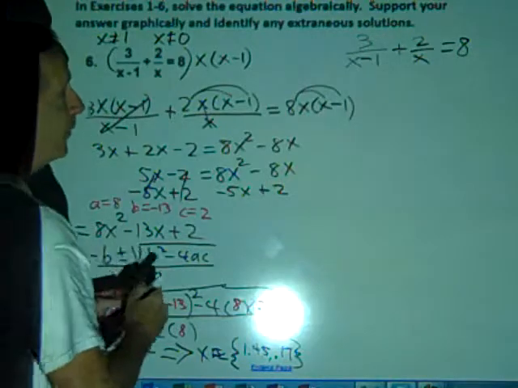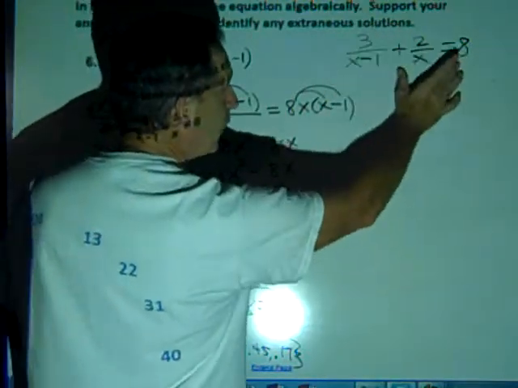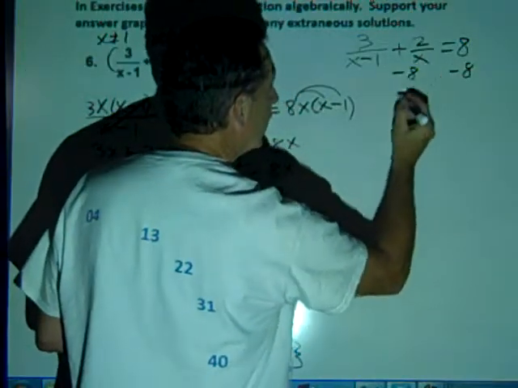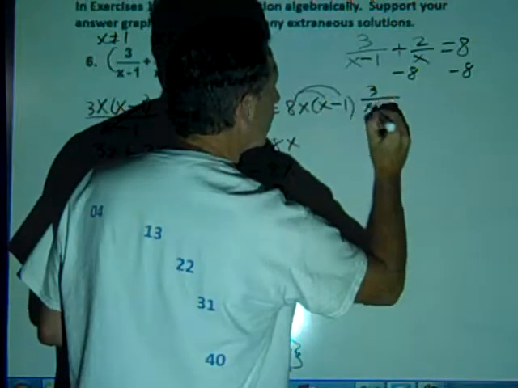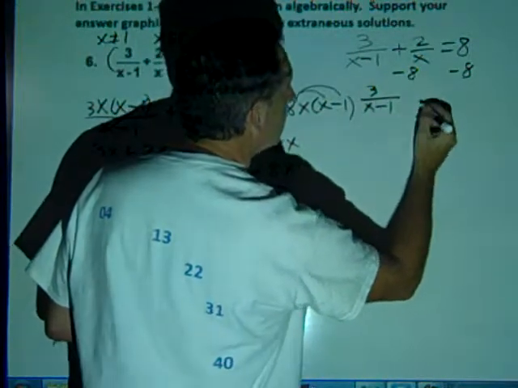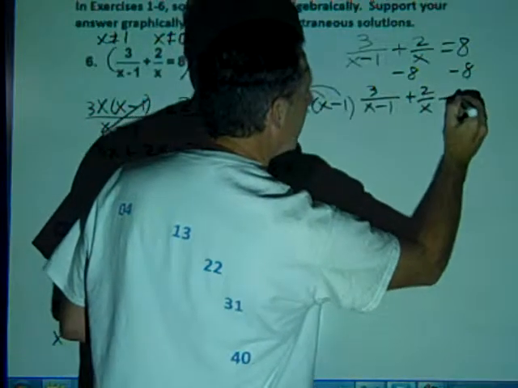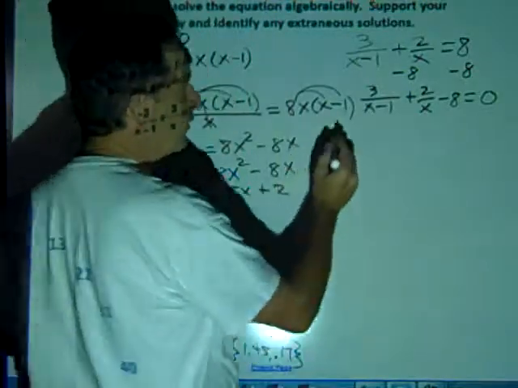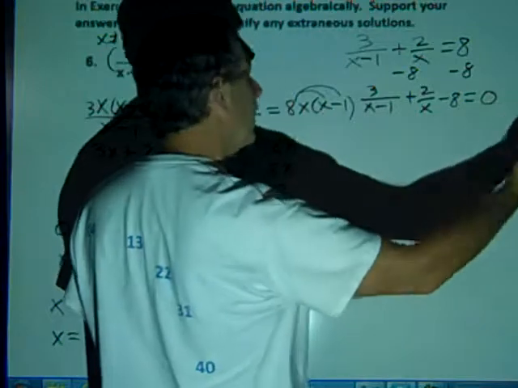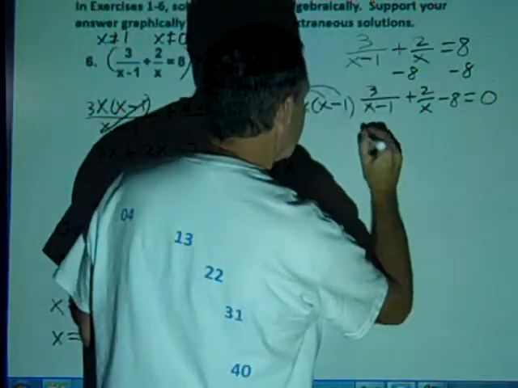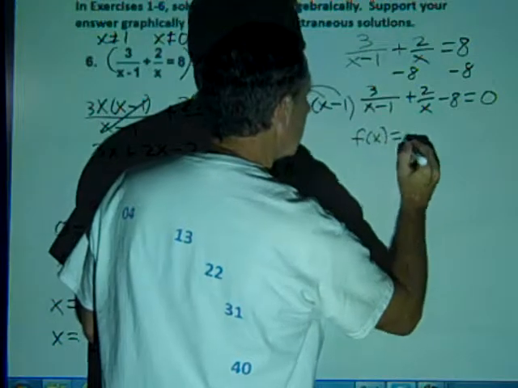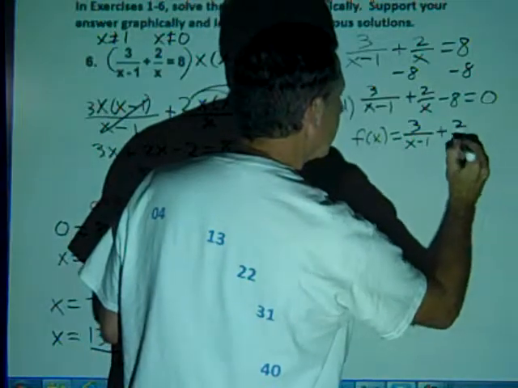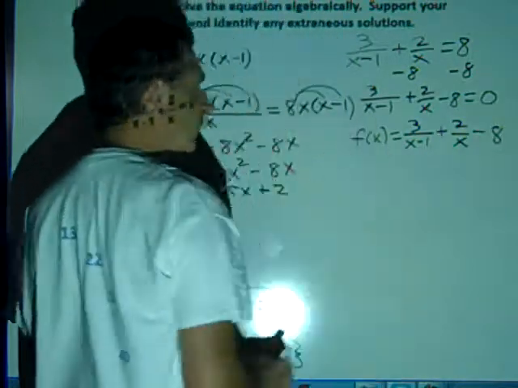Step number 1, solve one side of the equation for 0. To do that, we subtract 8 from both sides of the equation, so we have 3 over x minus 1 plus 2 over x minus 8 is equal to 0. That's step 1. Step 2 is change the 0 to either y or f of x. So I'm going to write this down as f of x equals 3 over x minus 1 plus 2 over x minus 8. That's step 2.